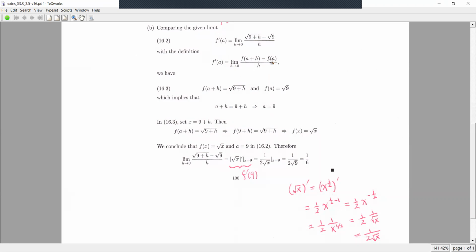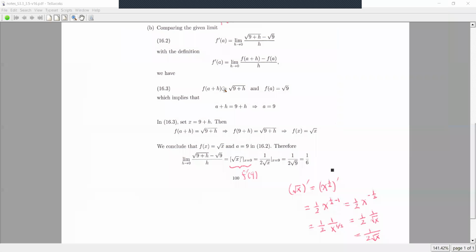Compare these two limits, we can see that f of a plus h is the square root of 9 plus h. f of a is the square root of 9. So we have these two equations.